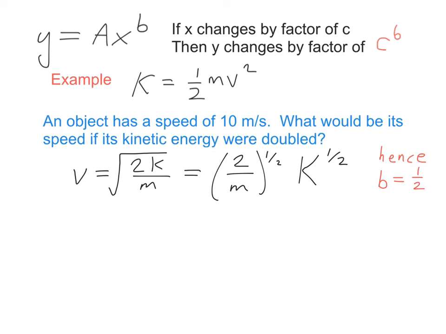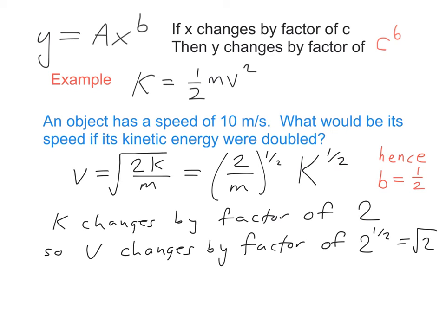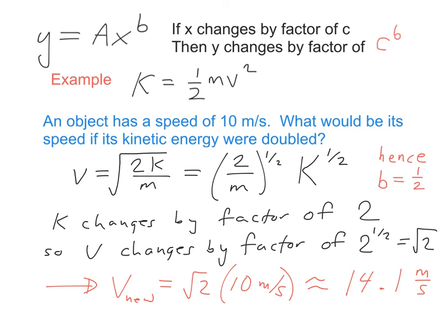In our specific problem, K is doubled, so that means it changes by a factor of 2. So the speed changes by a factor of 2 to the 1/2 power. And 2 to the 1/2 power is the square root of 2. So the speed is now going to be the square root of 2 times its original value of 10 meters per second, which is about 14.1 meters per second.